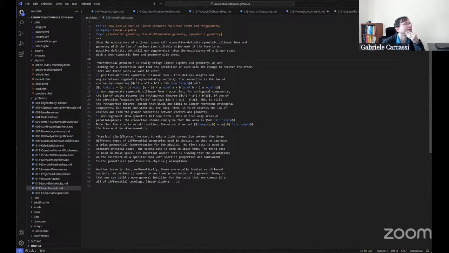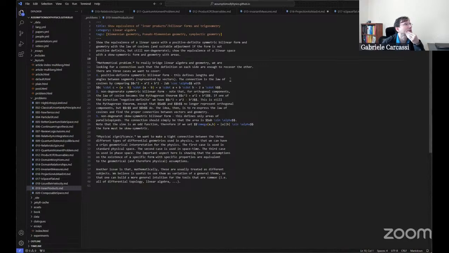To really bridge linear algebra and geometry, we are looking for a connection such that the definition of each side is enough to recover the other. There are three possible cases we want to cover. First, a positive definite symmetric bilinear form, defining length and angles between segments represented by vectors.